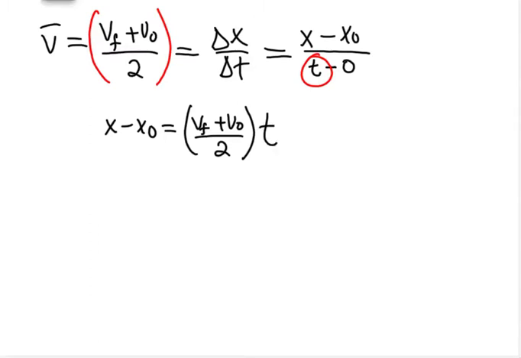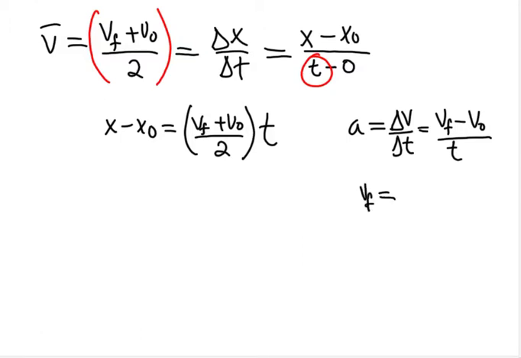Now we also have our other equation, which tells us the acceleration is the change in velocity divided by the change in time, and that is equal to the final velocity minus the initial velocity divided by delta t, which again is t minus 0, but we'll drop the 0. Now we're going to take this equation and solve it for the final velocity.